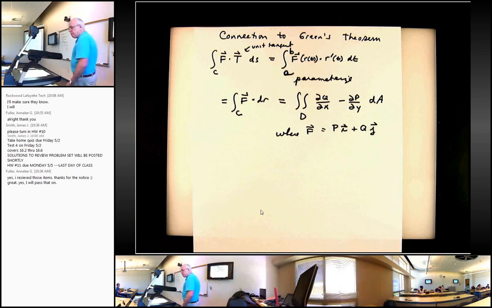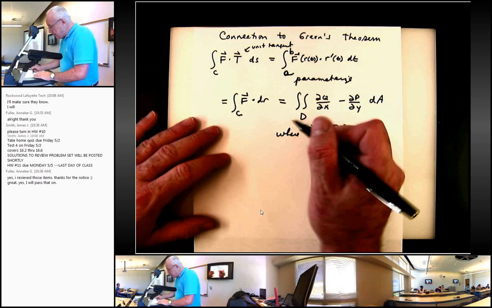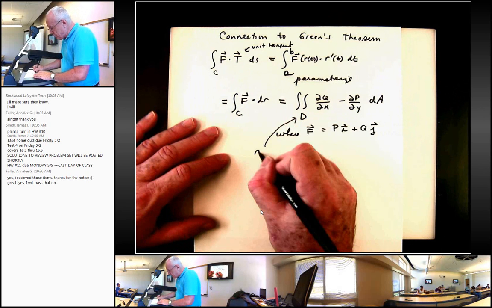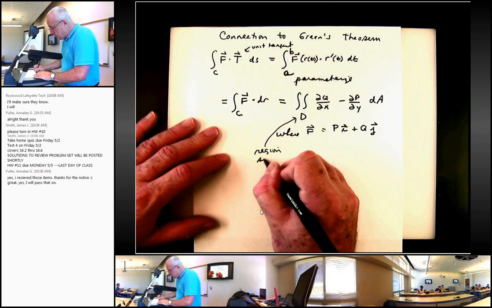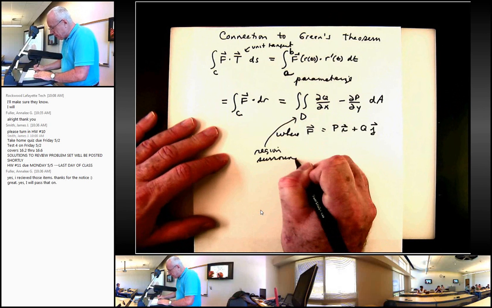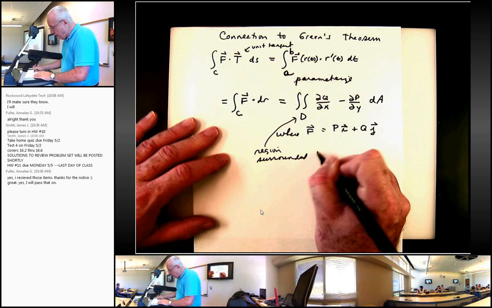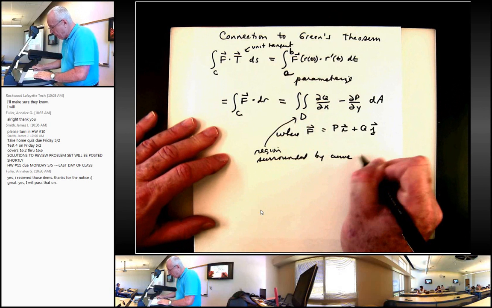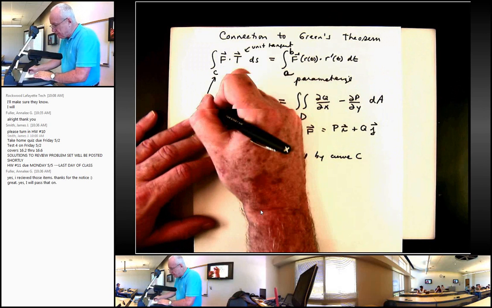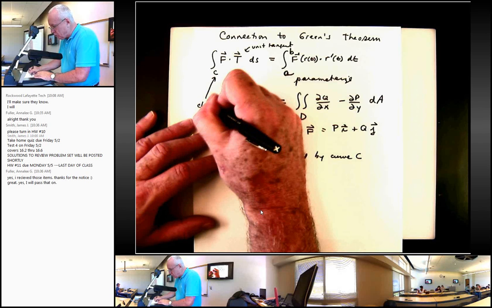All right. D here is the region surrounded by the curve C. And also I should have said here, C is a closed curve.